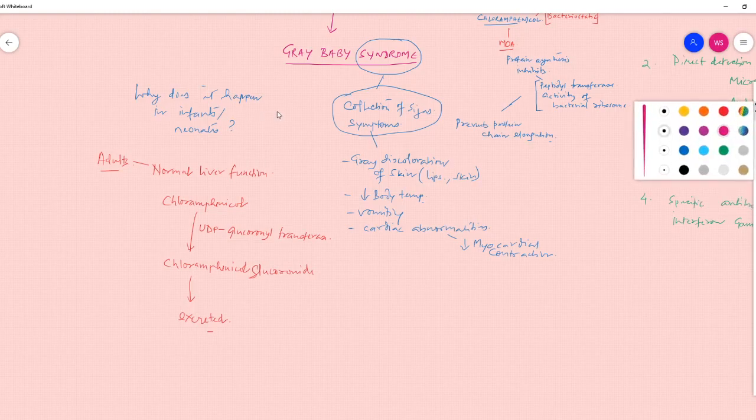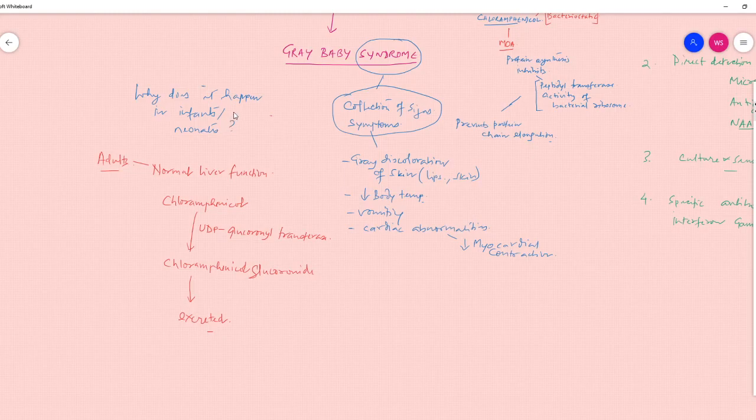So in infants and neonates, their liver is not matured. As a result, this pathway is not very effective.